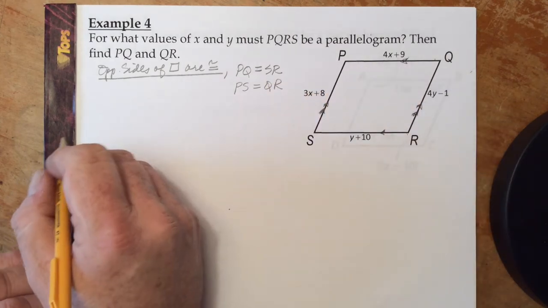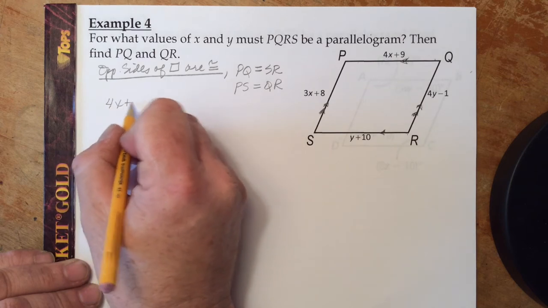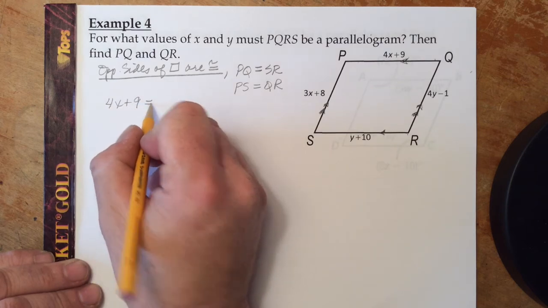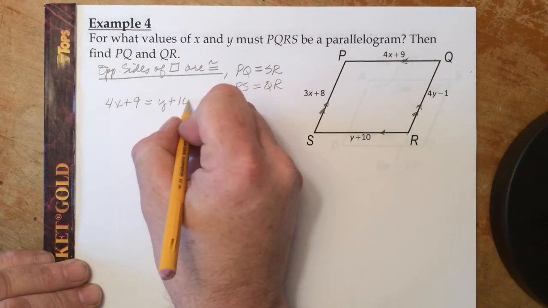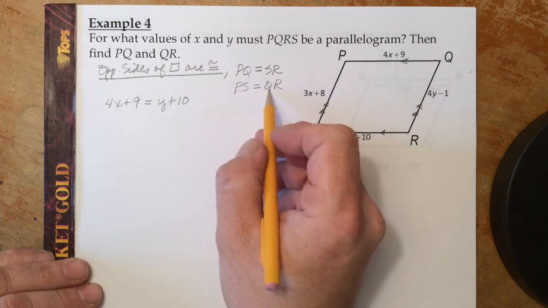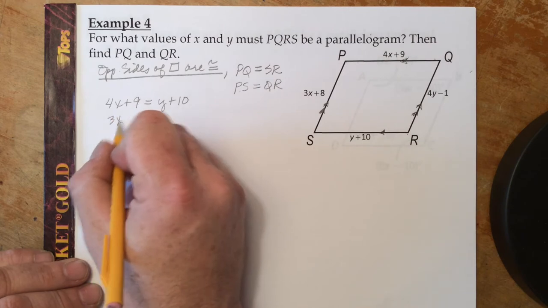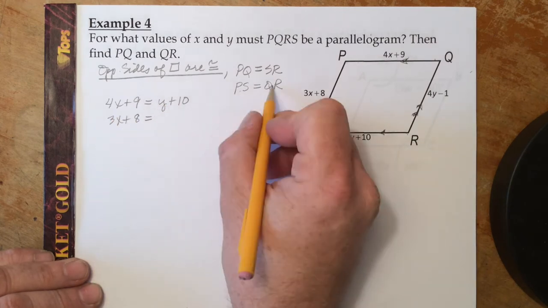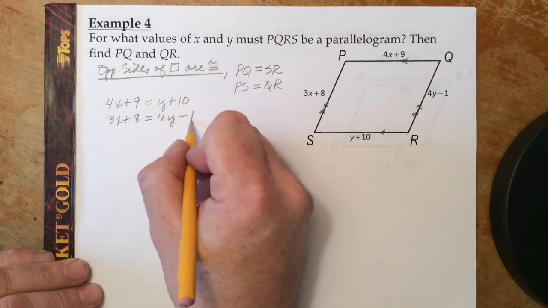Substituting in those values for PQ, we get 4x plus 9 equals SR, which is y plus 10. Our other equation, PS equals QR: we take PS's length, which is 3x plus 8, and set it equal to the length of QR, which is 4y minus 1.